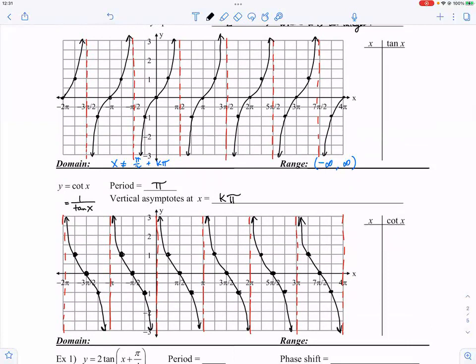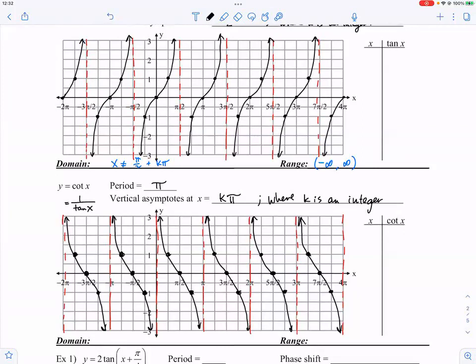Okay, and what does k represent? k is an integer, whether positive or negative, but k is an integer. So that's how it describes this repetitive behavior of the asymptotes' appearance.